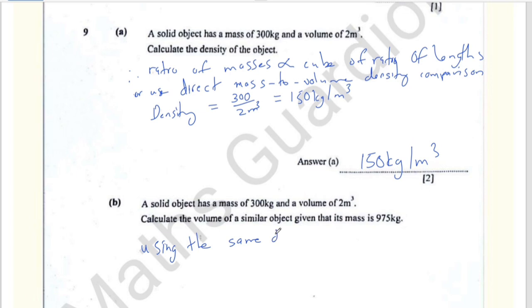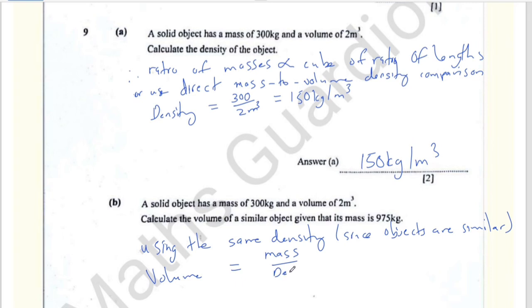Since these are similar objects, the ratio of their masses is proportional to the cube of the ratio of their lengths. So what we simply do is we first calculate the density by using the direct mass to volume ratio, which we call density. So we find the density of the first object, in which we are going to get 150 kilograms per cubic meter.